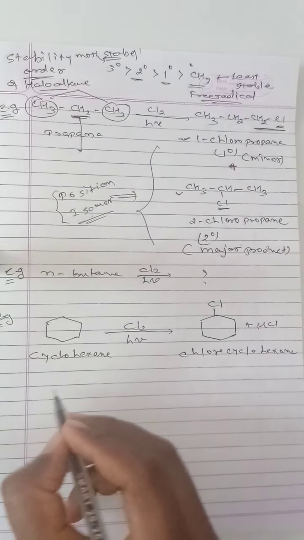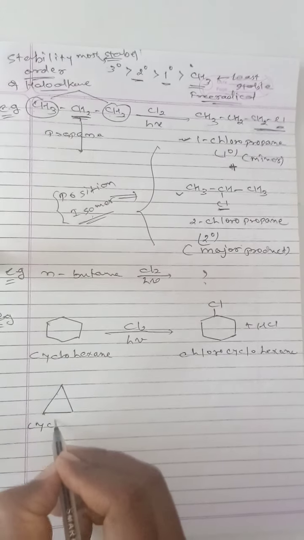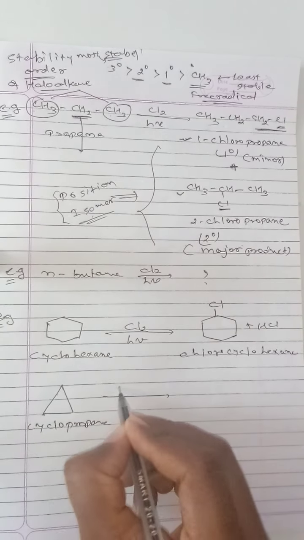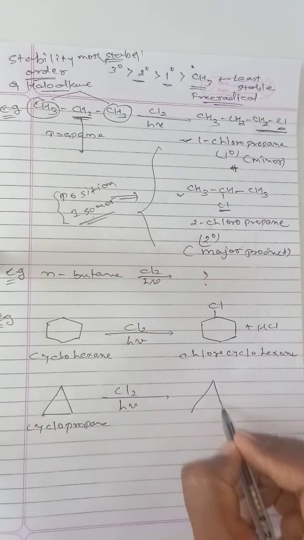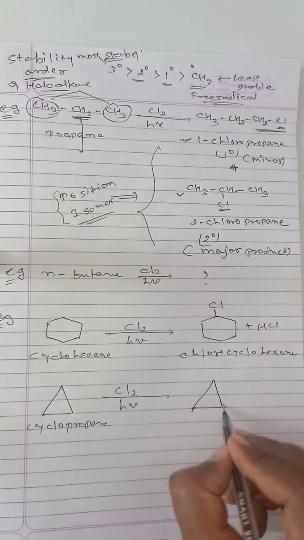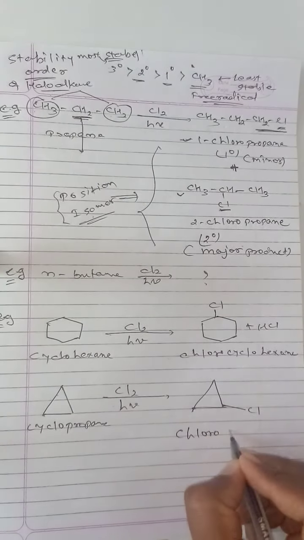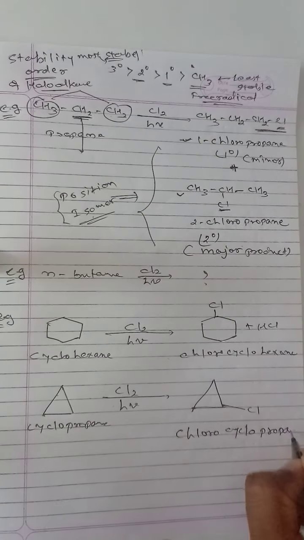And suppose here cyclopropane on chlorination in presence of sunlight, we get chlorocyclopropane.